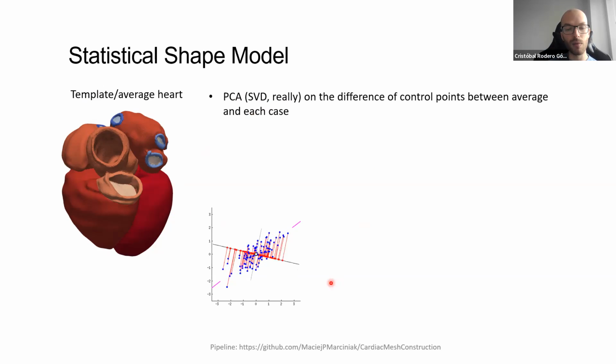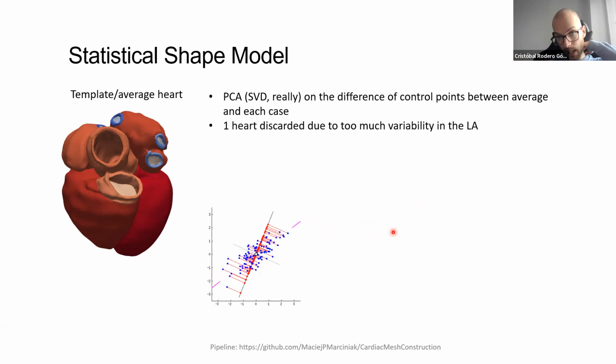And the idea, if you're not familiar with this technique, is to find a change of coordinates so that we can match the maximum variability in the data, and then we can just get rid of some of the dimensions. So in this case, we can just describe this data with only one direction instead of two.